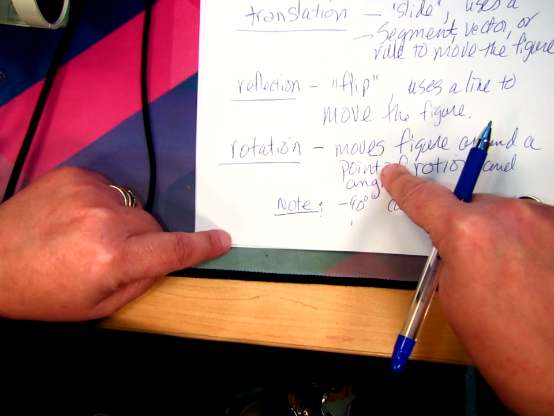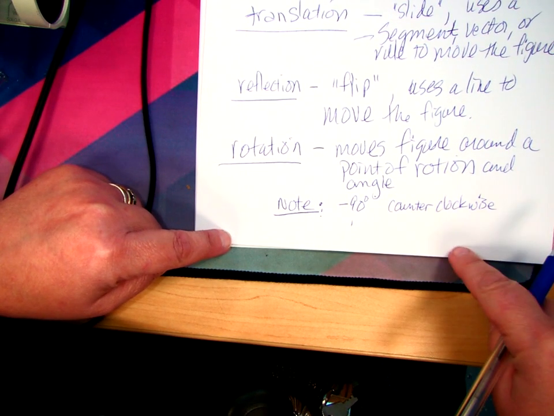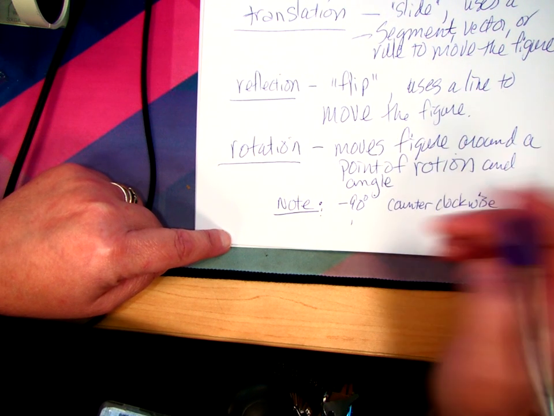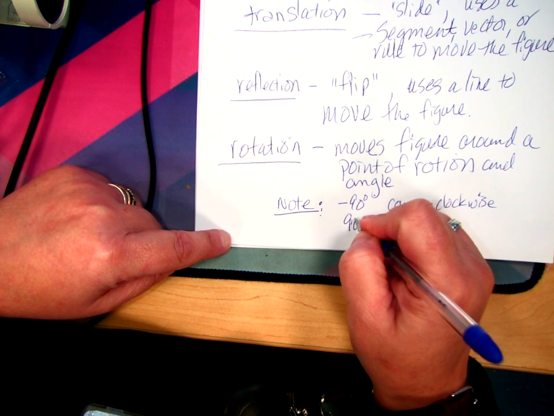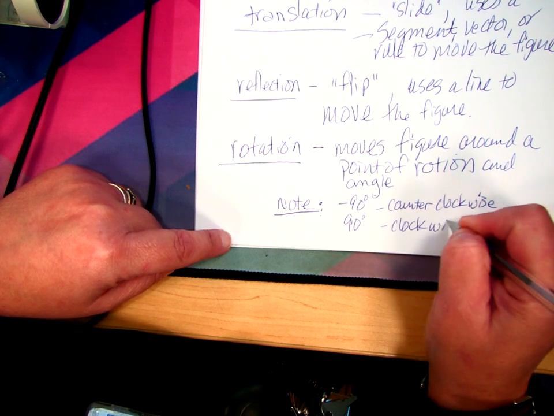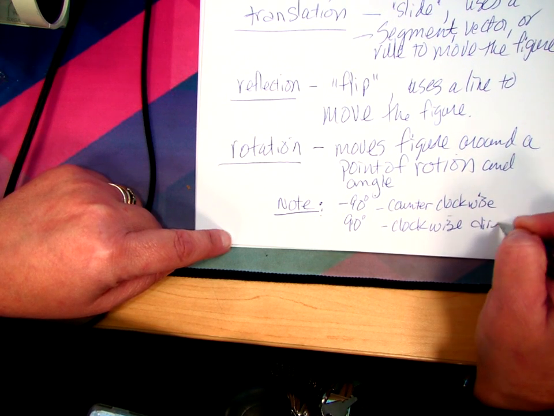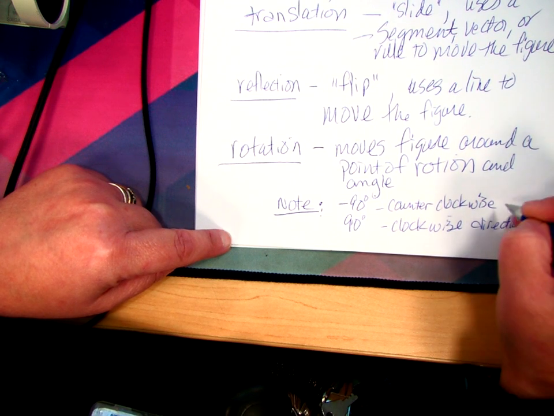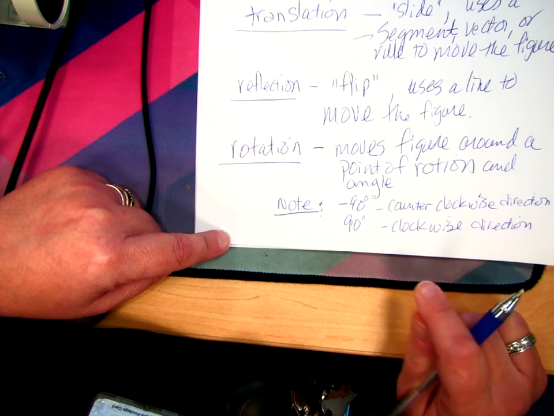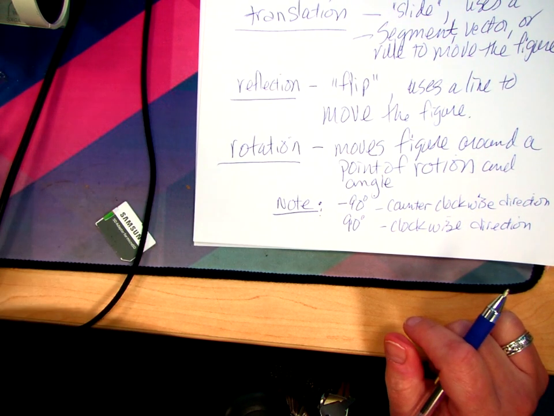So a clock moves this way around, so counterclockwise would be this way. Okay? If it were a positive angle, this is the clockwise direction. Okay, so far so good.